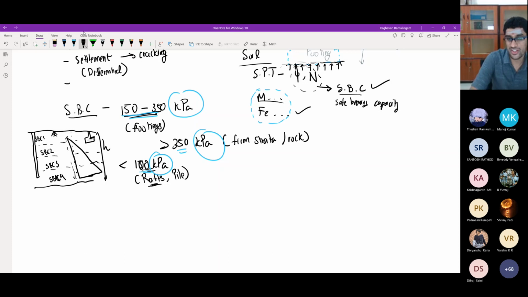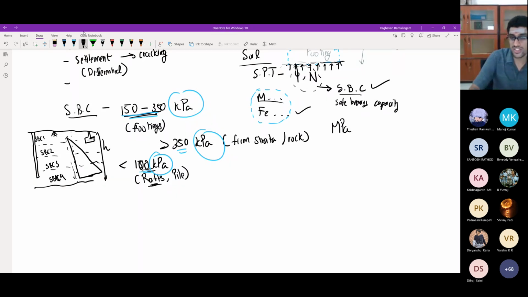What is the unit I write if I say M20 or M25, or if I say Fe500, that 20 and 415, what is the unit? Megapascals. So which is more, this or this? Soil or concrete? Which has more strength? Concrete.